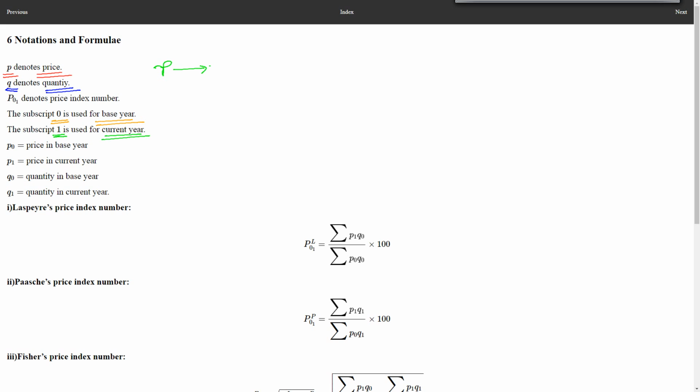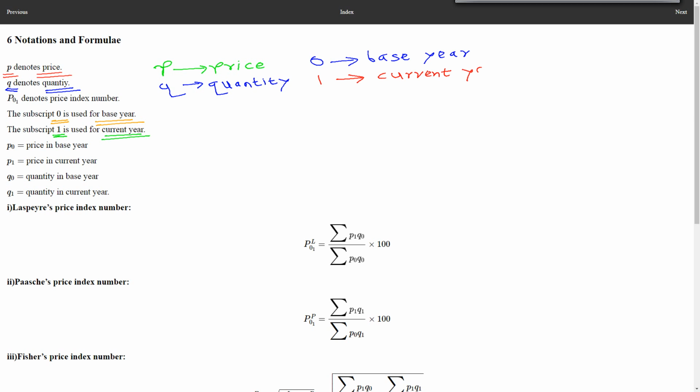P denotes price, Q denotes quantity, 0 denotes base year, and 1 denotes current year.